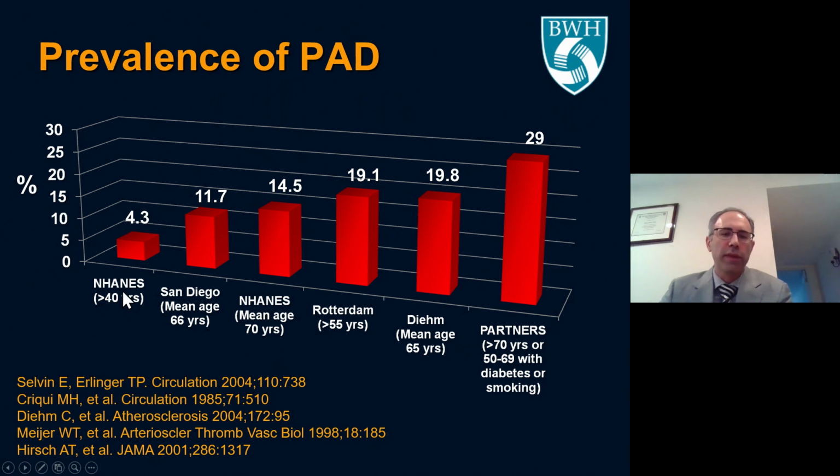And as we go from the NHANES data set and looking at 40-year-olds and older to a mean age of 66 to 70-year-olds in the NHANES to a Rotterdam registry of greater than 55 years, finally to the Partners registry, which had patients who were greater than 70 years or 50 to 69 years with diabetes and smoking, you can see just how high the prevalence of PAD goes.